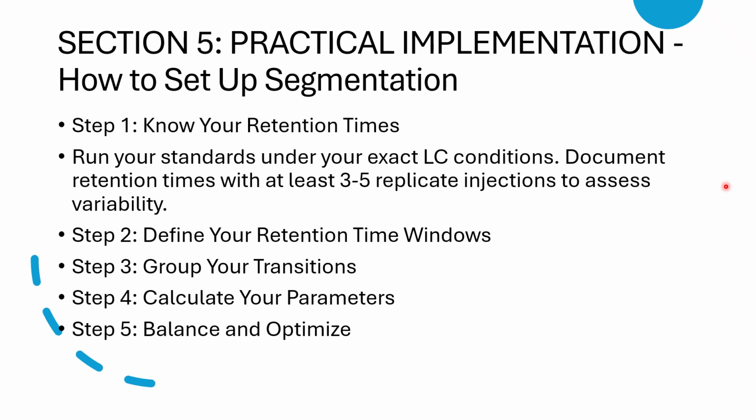If you're getting interference, increase the dwell time for better specificity. Optimize your chromatography to separate problem compounds. Remember this, increasing dwell time can improve sensitivity and precision, but at the cost of reduced data points per unit time and potentially lower resolution.